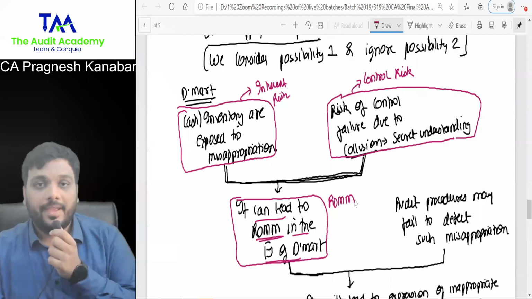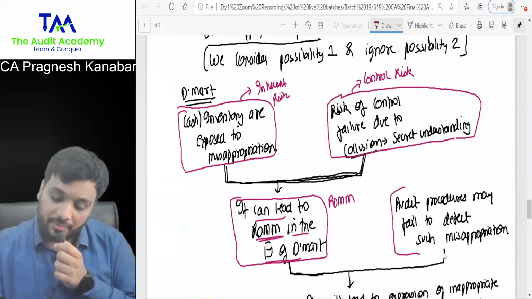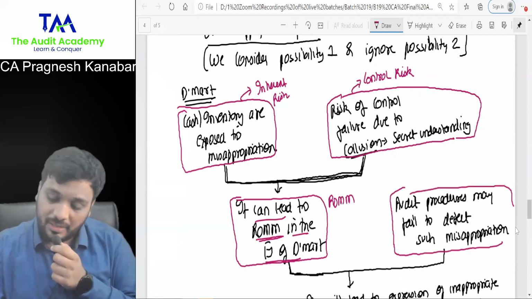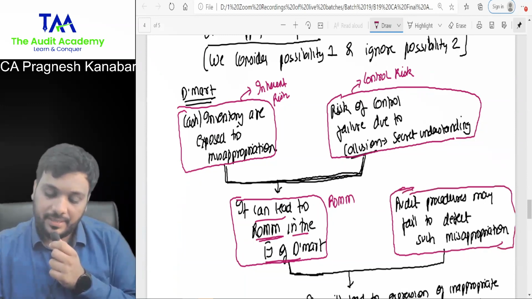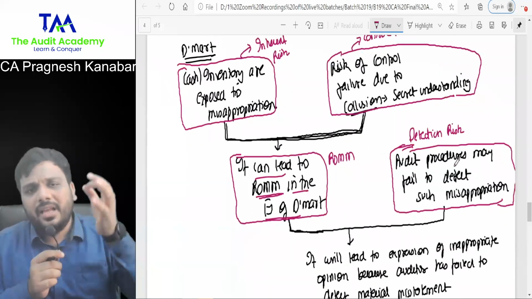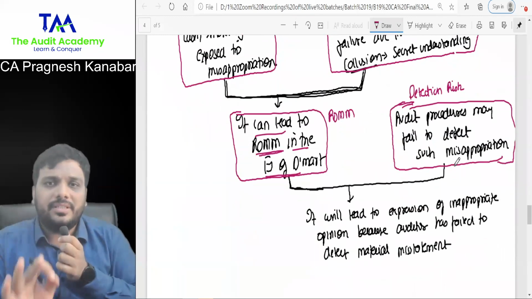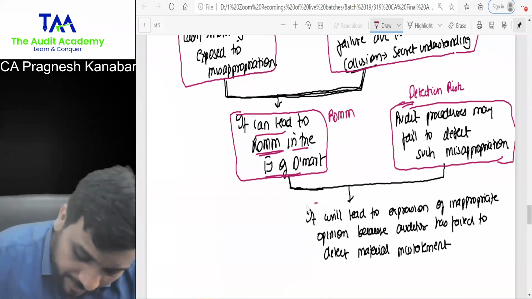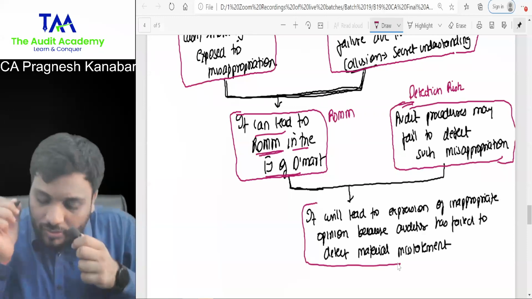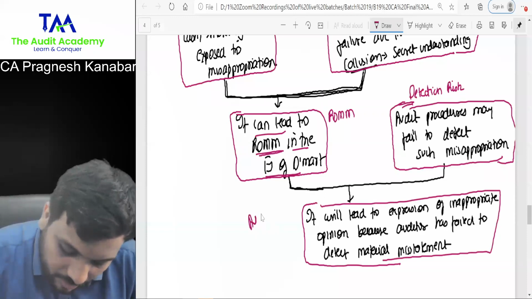However, the last savior was the auditor. But even if the auditor fails to detect, which is very much possible because of our limitations, then this risk is called detection risk. And the final nail in the coffin, when risk of material misstatement and detection risk both happen together, then it leads to audit risk.